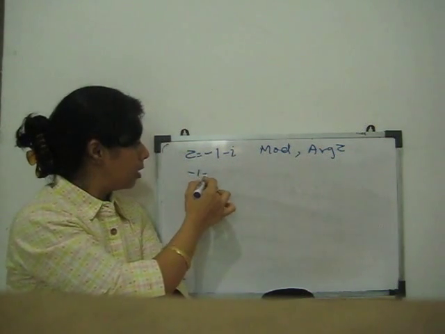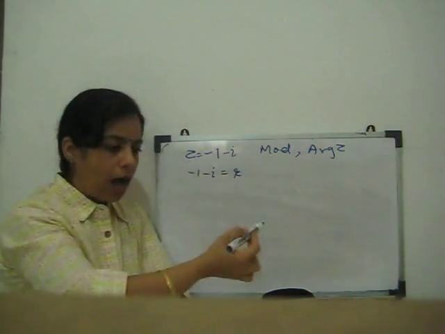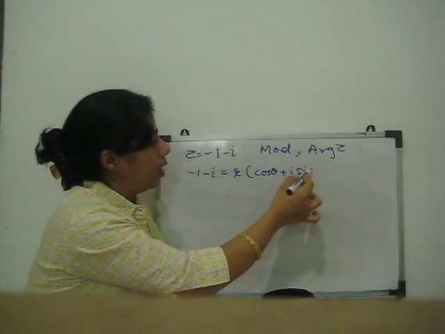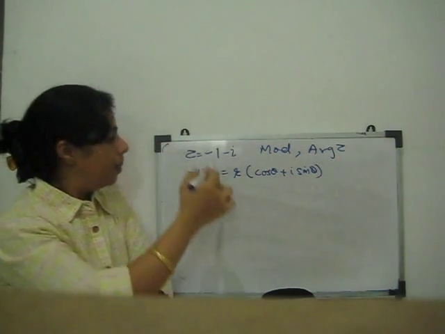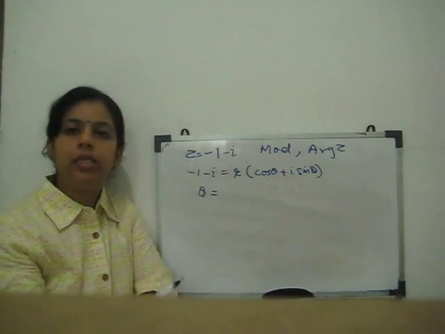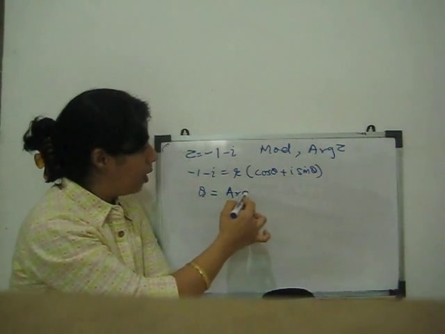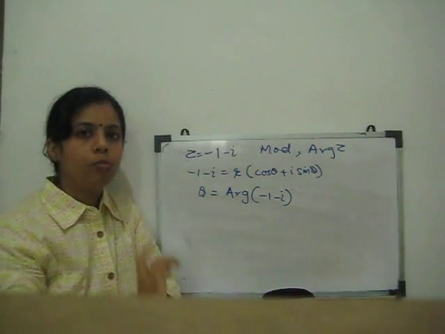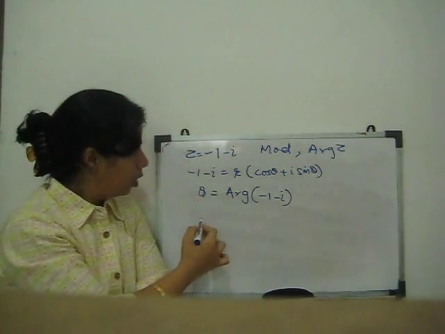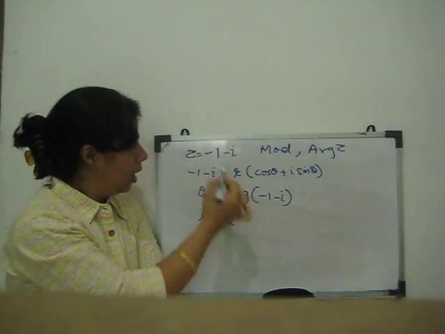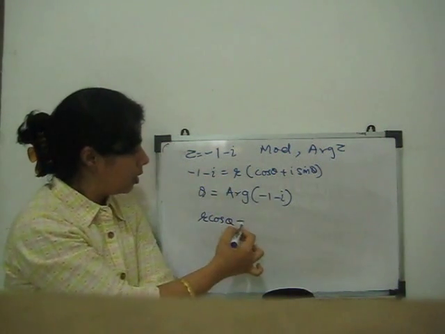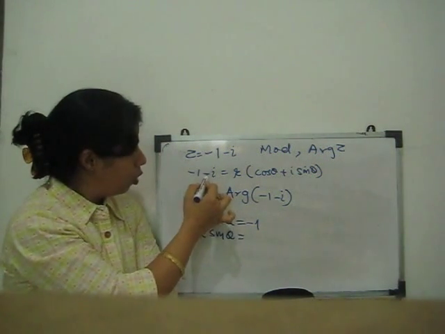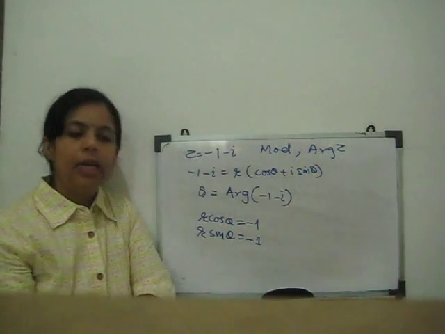So we can say -1 minus iota is equal to r cos theta plus i sin theta. Then theta is equal to the argument of -1 minus iota. And what is the modulus? r cos theta, the real part, is -1, and r sin theta is also -1.